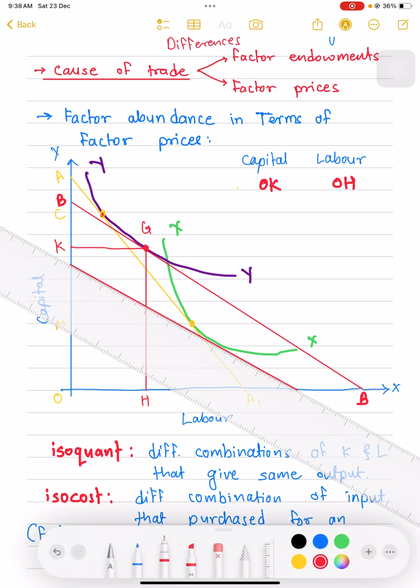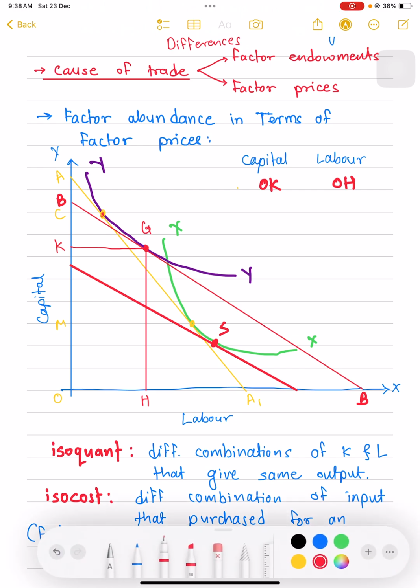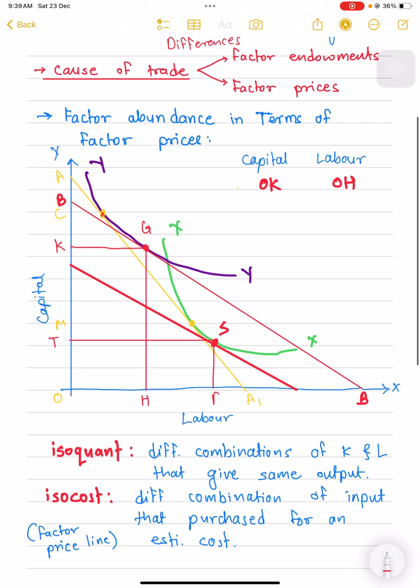And now this line is tangent to isoquant line XX at point S. Now it requires OT amount of capital and OR amount of labor.